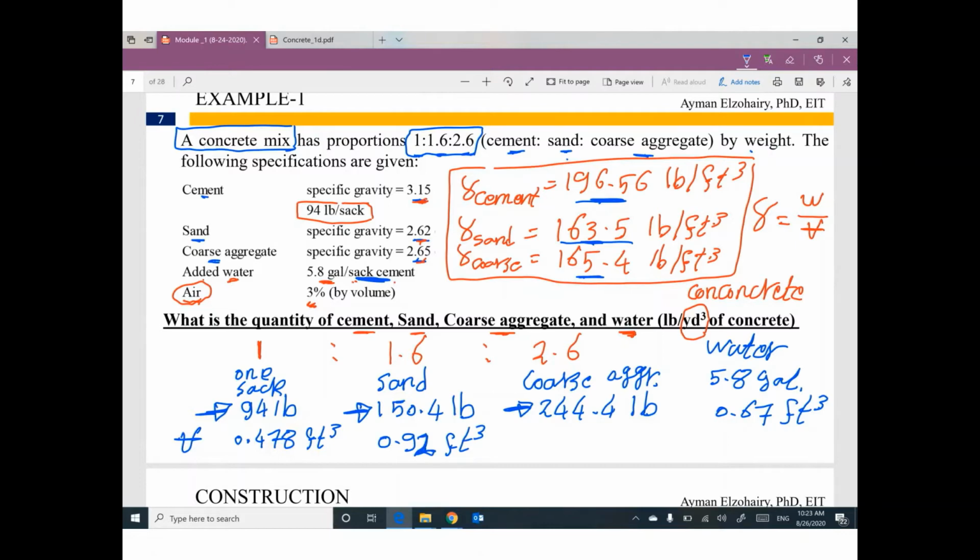For coarse aggregate, 244.4 divided by gamma of coarse aggregate 165.4, this volume will be 1.5 cubic feet.